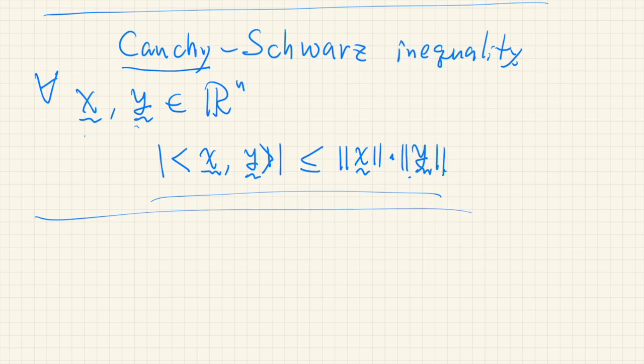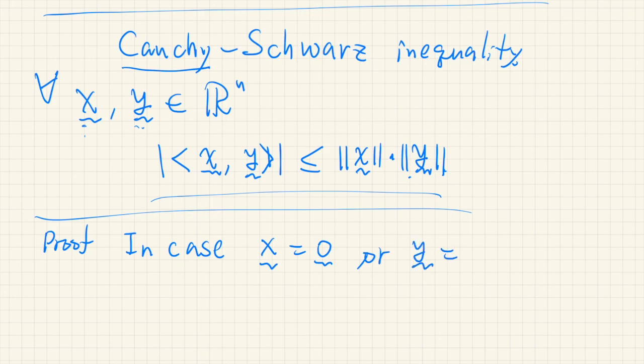Okay, proof. In the case where either x is the 0 vector or y is the 0 vector, this is trivially true, right?